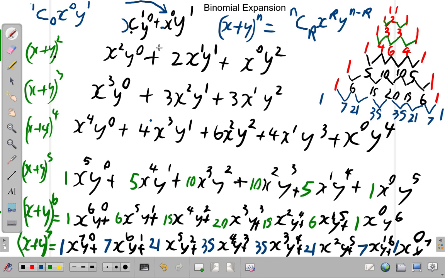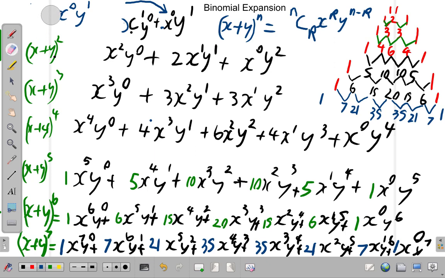But 1 factorial, this will be 1 factorial, which is 1 divided by 0 factorial, which is 1 times 0 factorial. But what that will give you is for NC0 is going to be 1. So it's 1 here, x to the 0, y to the 1.